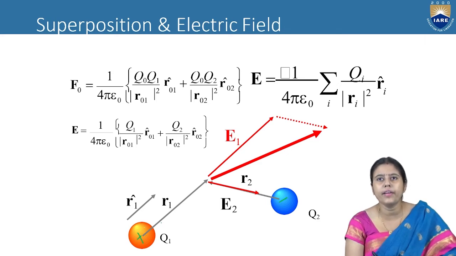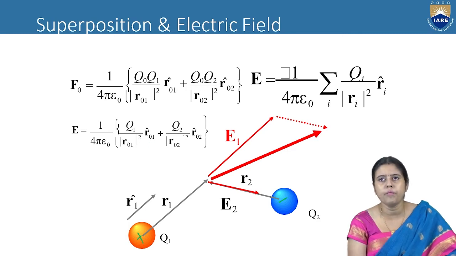If we bring Q1 and Q2 into the field, what will be the total field intensity? For Q1 it is Q1 by R01 squared, R01 hat, according to Coulomb's law. And for Q2 it is Q2 by R02 squared, R02 hat.